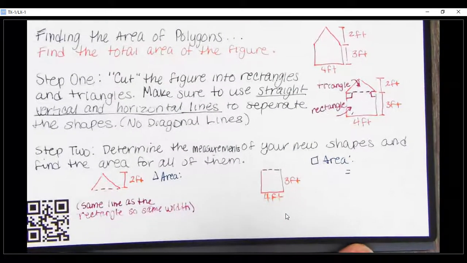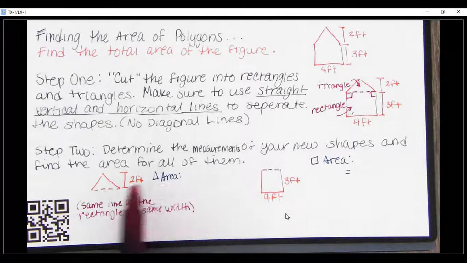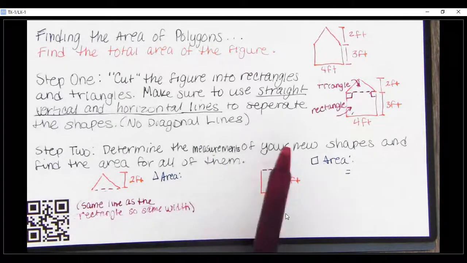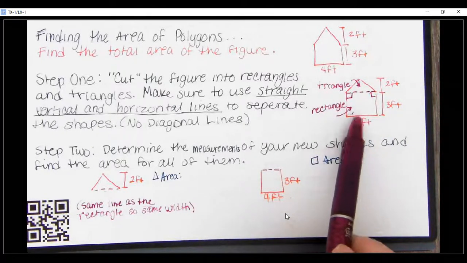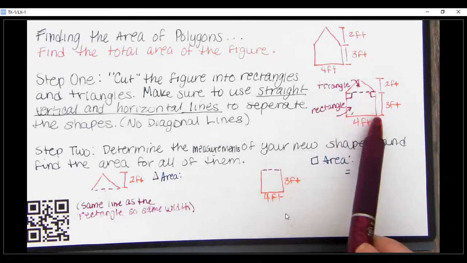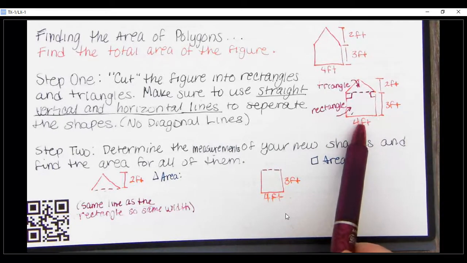My second step says determine the measurements of your new shapes and find the area of all of them. So as I said before, I have two different shapes. I have my triangle and I have my rectangle. Looking at my original figure, I see that I have down below a length of 4.